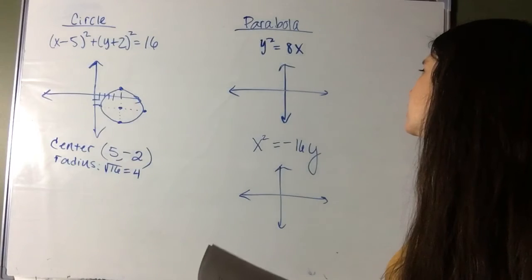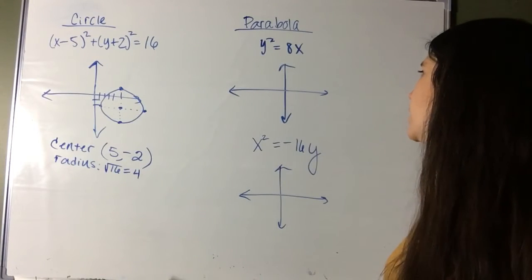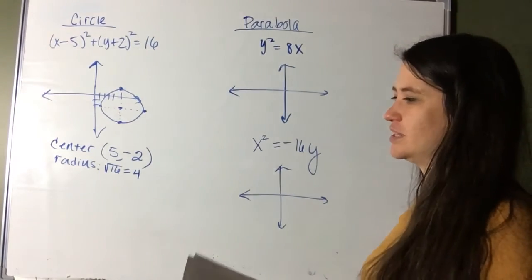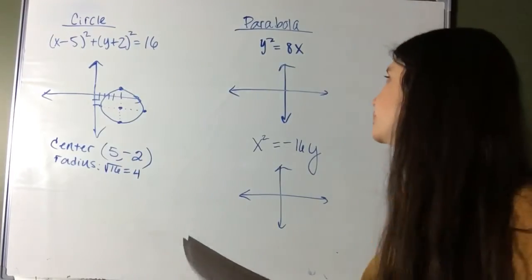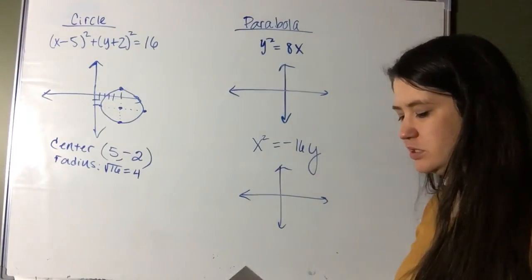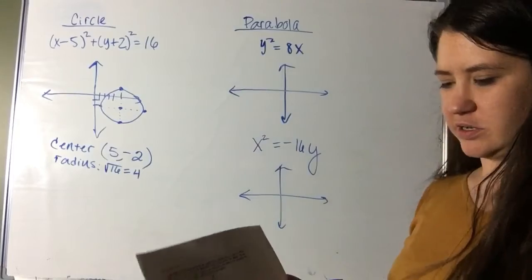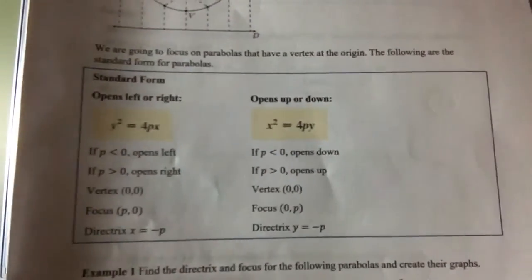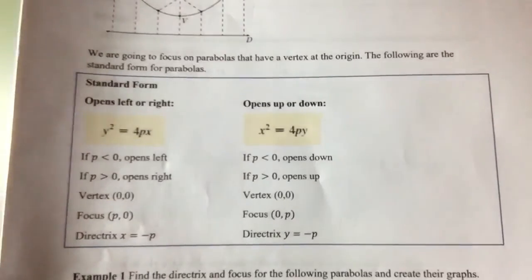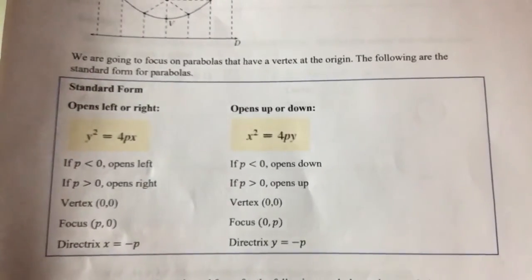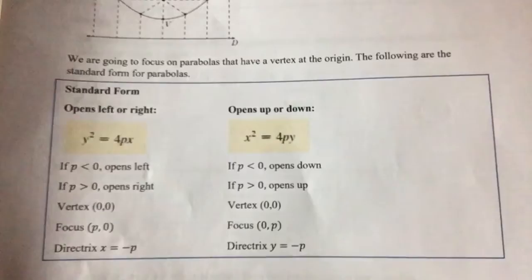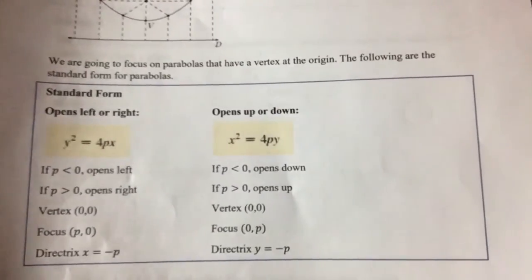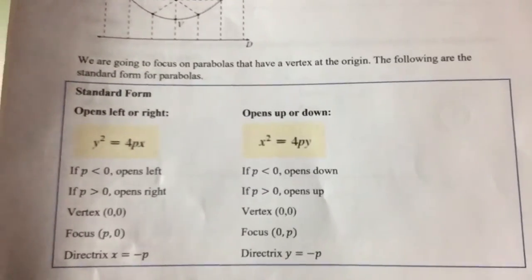So we are focusing specifically on parabolas that have a vertex at the origin. And if you look at the guided notes for this, it'd be a good idea definitely for this. This box describes the standard form that these are all in, and then finding a p-value and what that p-value tells you about the graph.